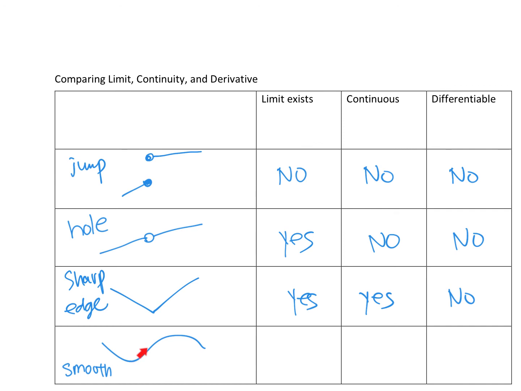This is the nicest graph, and this is not the nicest graph. Not that one is better than the other, but in terms of form. For the last one, the limit exists, yes. Continuous, yes. Differentiable, yes. So these are just different types of graphs you're going to notice, and it depends on how it's given. We can have those three things in different formats. All right, this worksheet was a little bit long, but we're pretty much done.